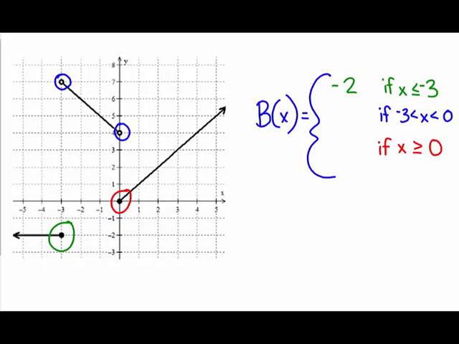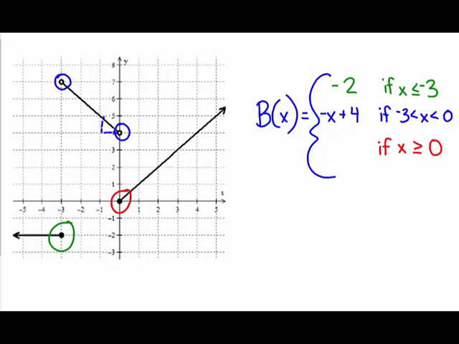My equation for the middle piece, my slope is down 1 over 1. So I know it's going to be -1x, or -x. And my y-intercept is at 4, so +4, when it's between -3 and 0.